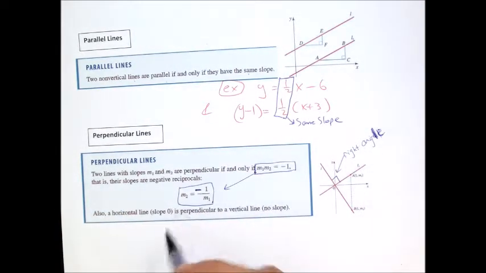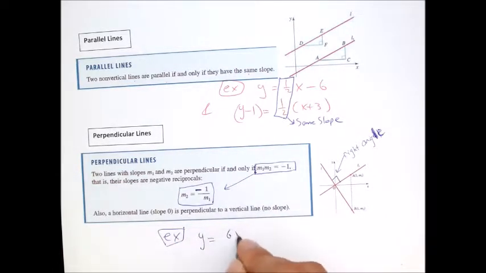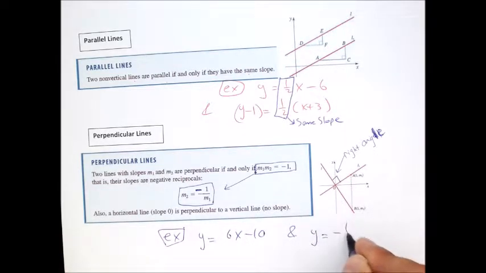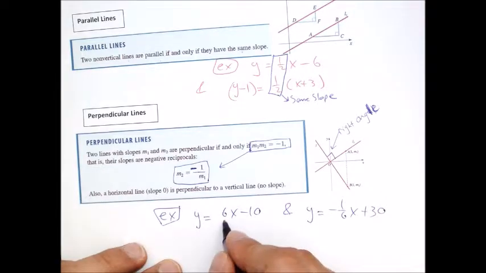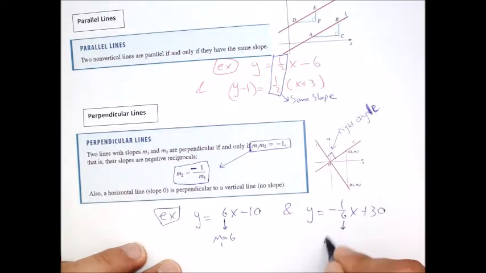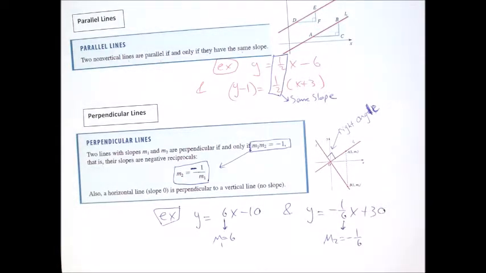For example, if we get two lines, let's say we had our line 6x minus 10, and we had our line minus 1/6 x plus 30, we can see that these two lines are perpendicular to each other because their slopes are negative reciprocals of each other. Reciprocal means you flip the fraction over.